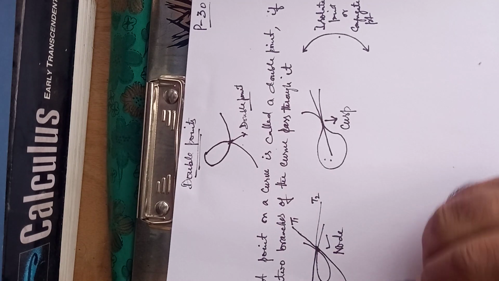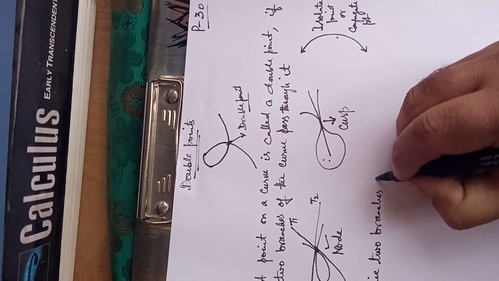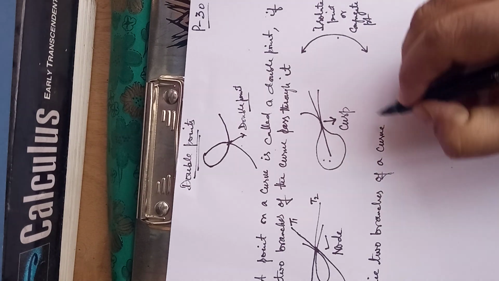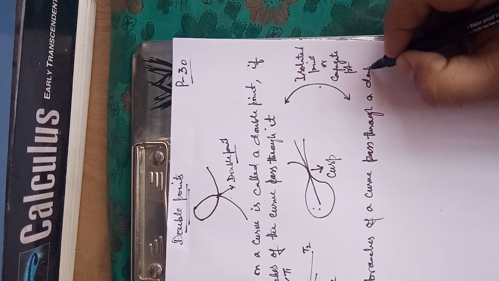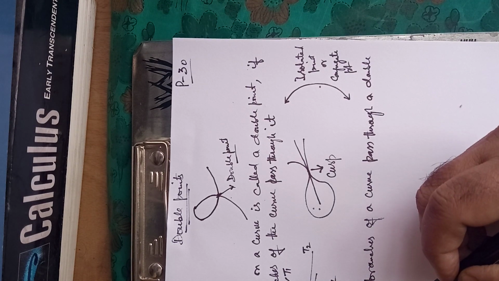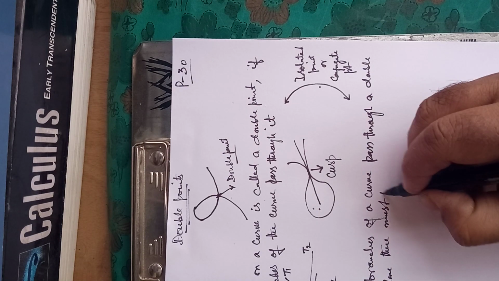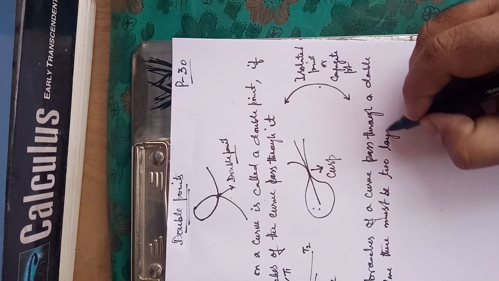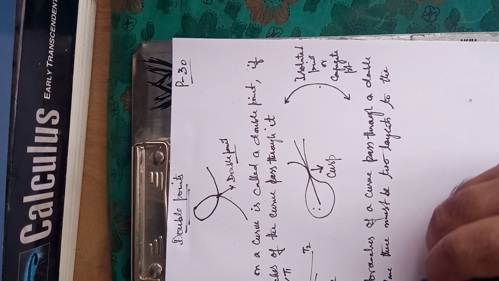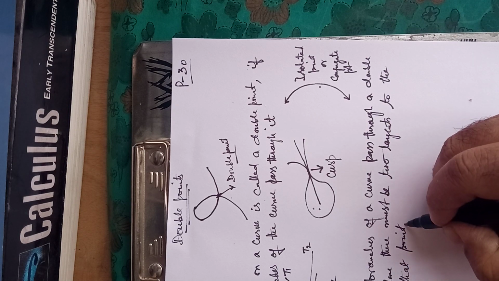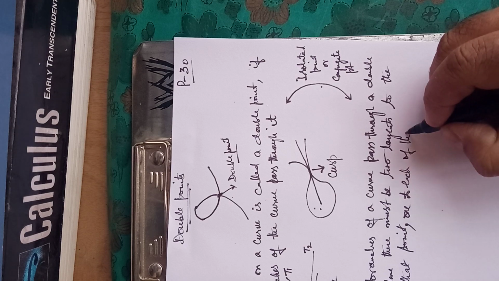let me write down. See, since two branches of a curve pass through a double point, therefore there must be two tangents to the curve at that point, one to each of the two branches.